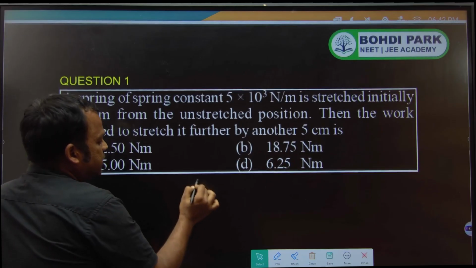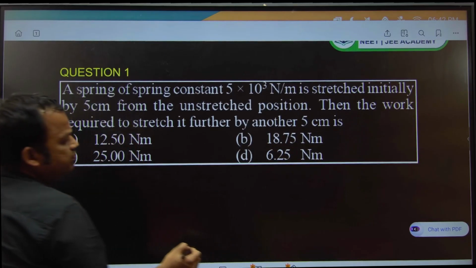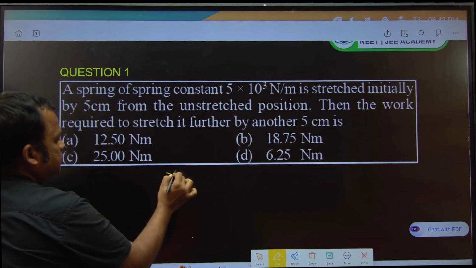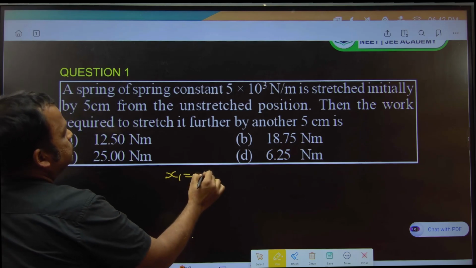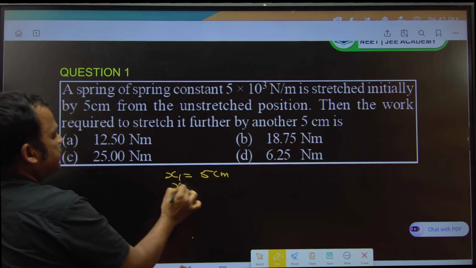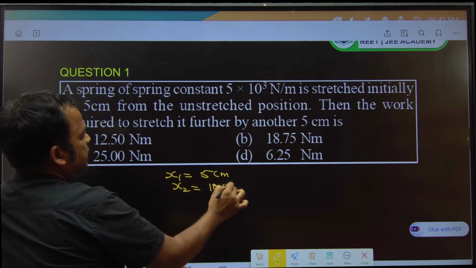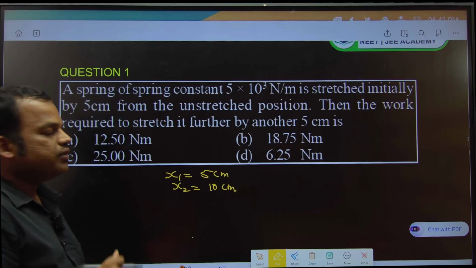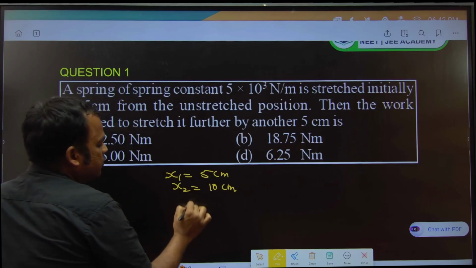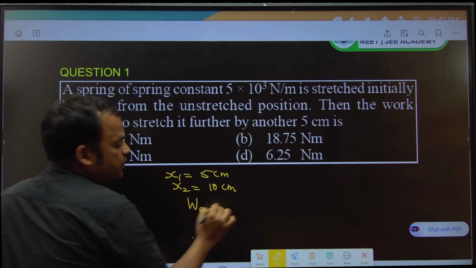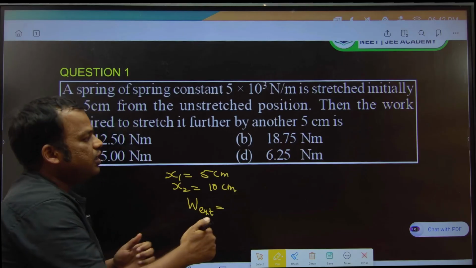So initial elongation x1 is equal to 5 centimeter and final elongation is 10 centimeter. So we have a formula for external work done. External work done means, to stretch a spring, how much is the work done?